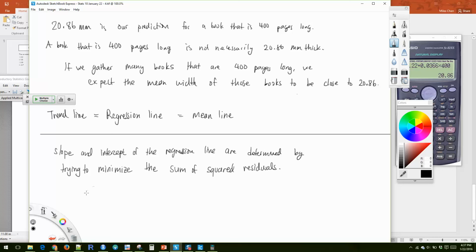What is a residual? A residual is equal to the difference between the actual value of a data point and the predicted value for the data point.